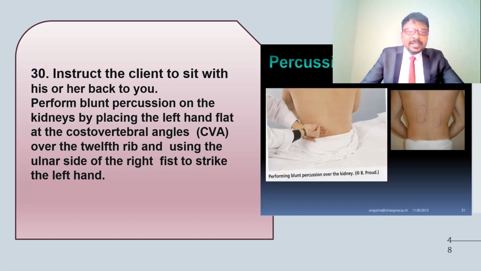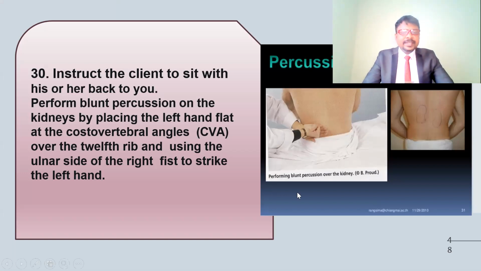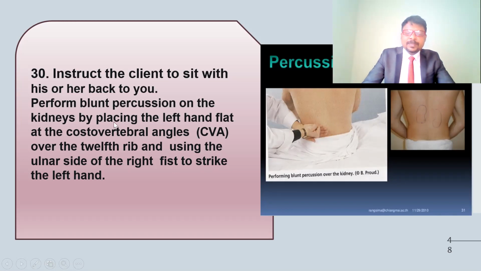Coming to percussion of the kidney, here we also palpate and percuss at the costovertebral angle. Costo means the ribs, and vertebral refers to the vertebrae, so it is the angle formed between the ribs and the vertebrae. There we have to percuss properly.